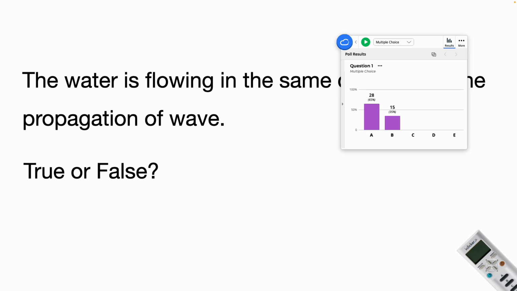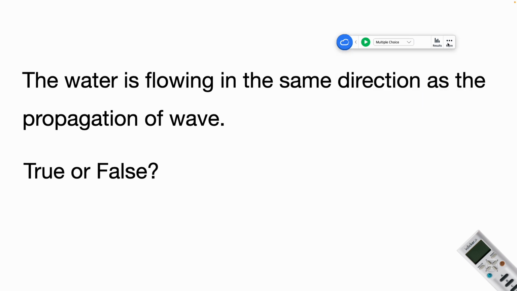All right. So the first question is whether the water is moving as the wave is propagating. In the previous video, we see the water wave, but is the water actually flowing?